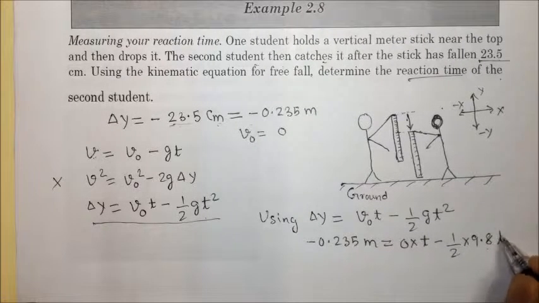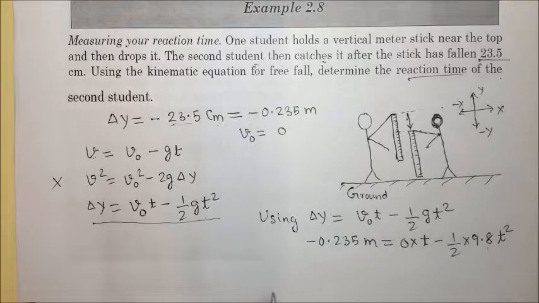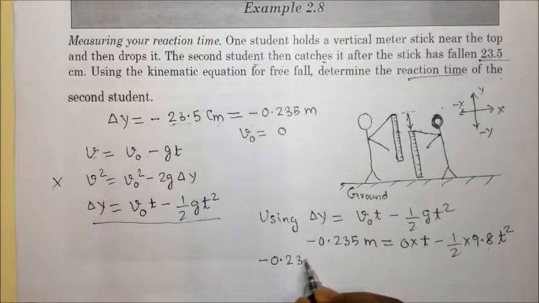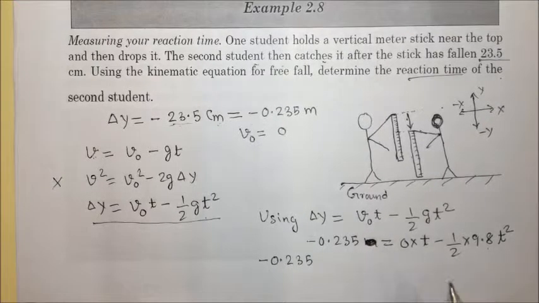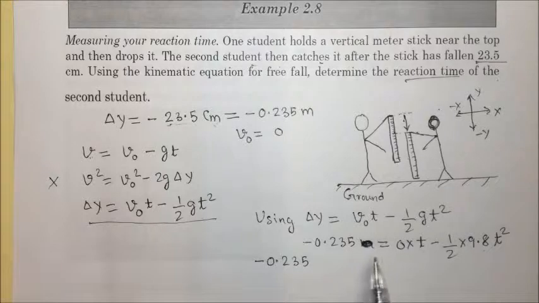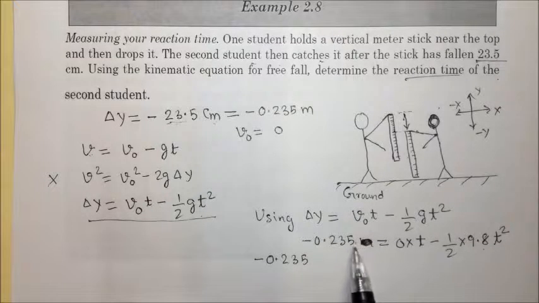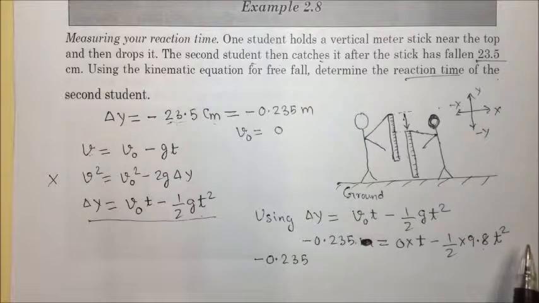And T square. So this gives you minus 0.235. Okay. I'm not writing units here, but if someone wants, you can insert it. I have to make sure that all the units are in SI unit.